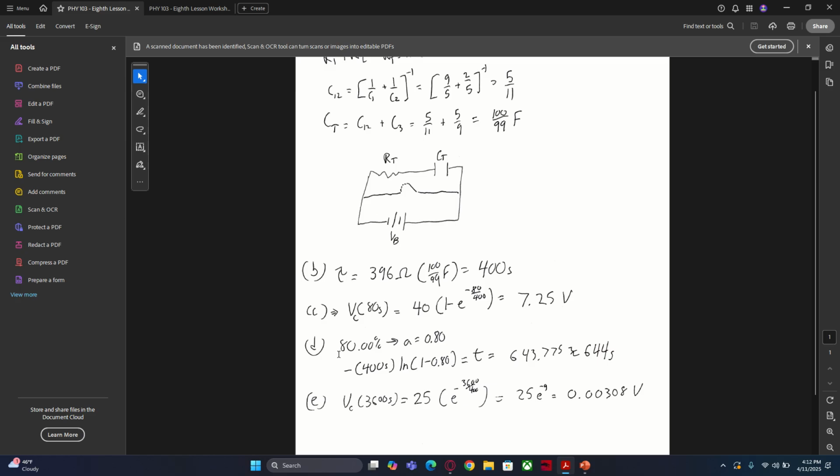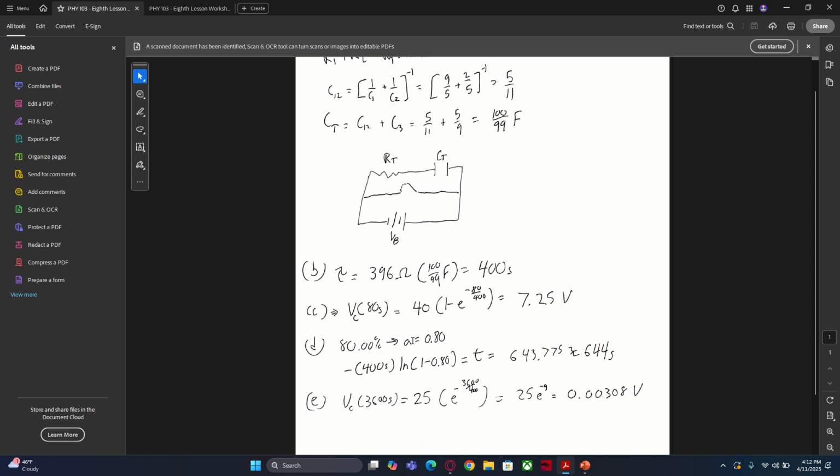As far as charging our capacitor to 80% of the way, or 80% of our battery supply, in this time, instead of 80%, we'll use 0.8, the decimal version of our percentage. Basically, just divide the percentage by 100.